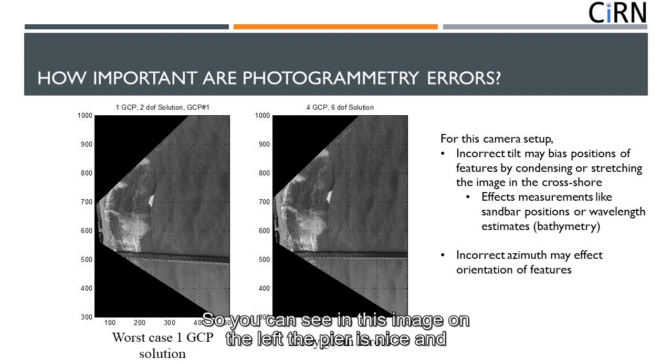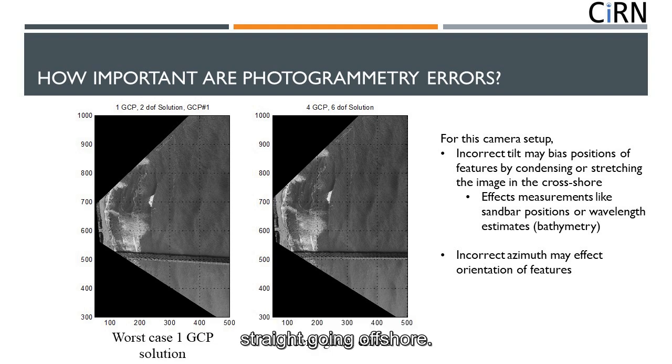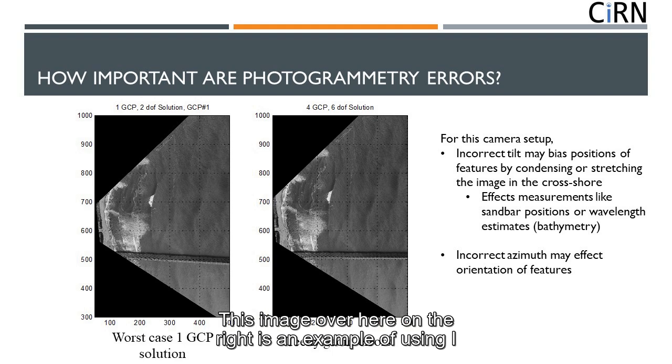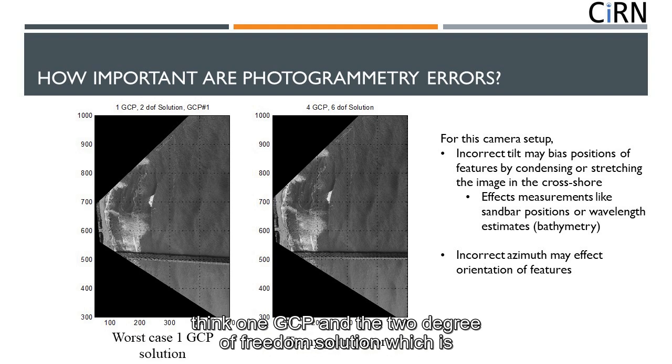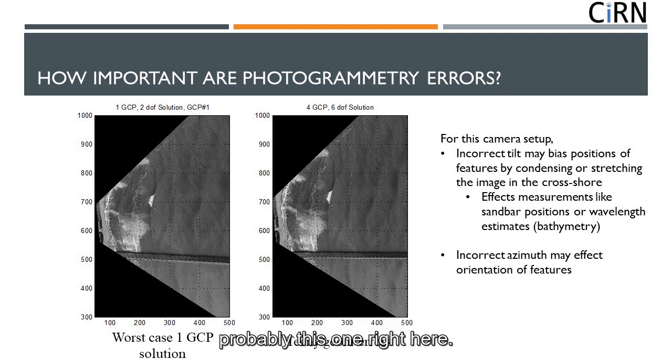So you can see in the image on the left, the pier is nice and straight going offshore. The image over here on the right is an example of using, I think, 1 GCP and the 2 degree of freedom solution, which is probably this one right here.